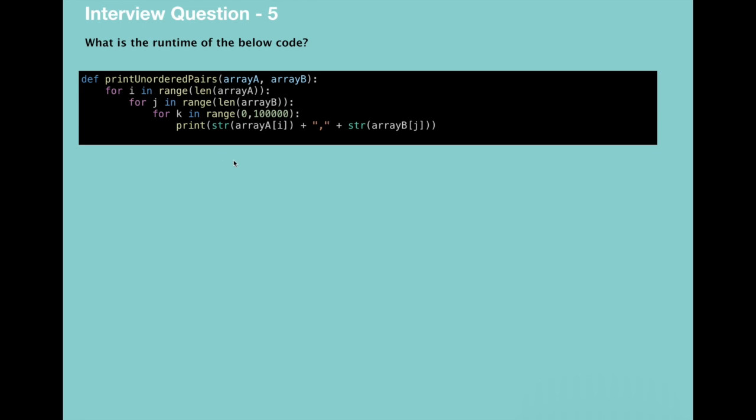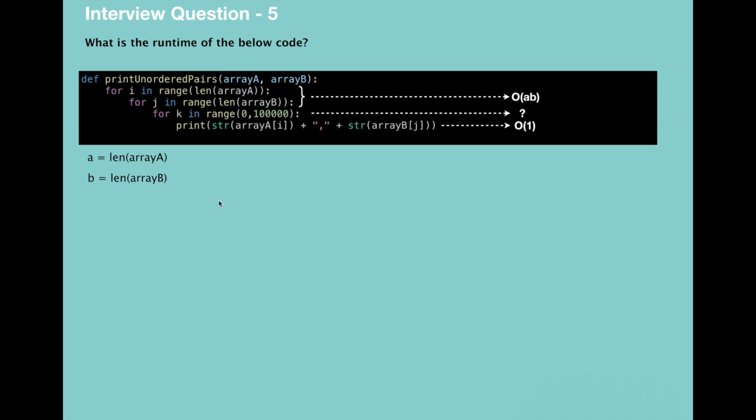This method is similar to the one that we discussed in question 4. We have already identified that the runtime of these two loops is O(AB), where A is the length of array A and B is the length of array B. And here the print function, we know that it's a constant time operation. We just need to identify the loop over here, which is looping from 0 to 100,000.